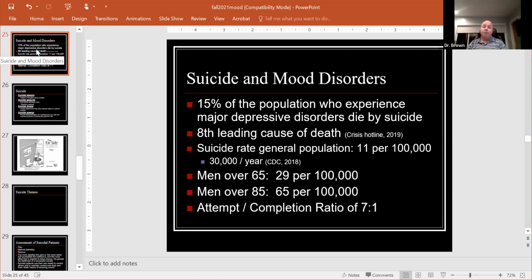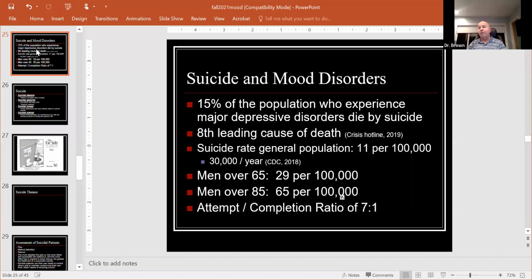So, suicide and mood disorders. Okay. When you look at the slide, what are you thinking? Normally, the typical person that commits suicide, the older you get, the more likely you are to kill yourself, especially if you don't have protective factors.